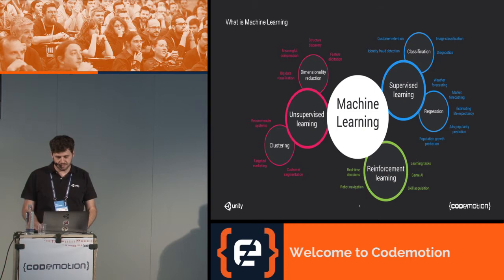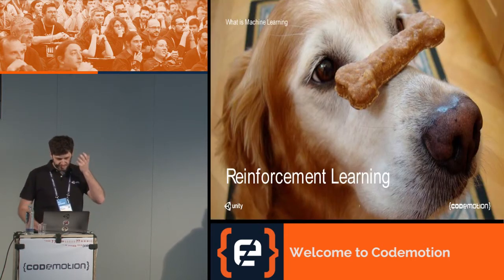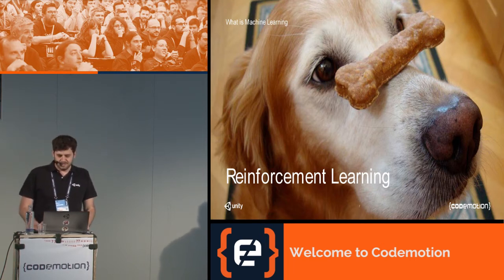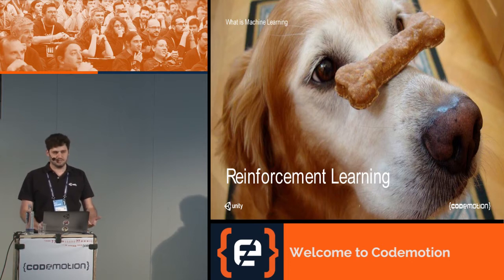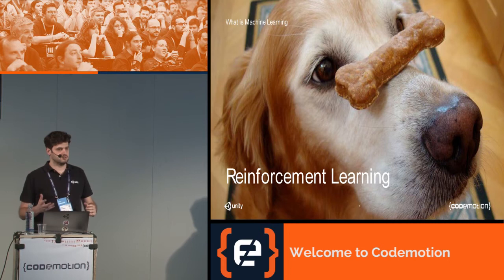It's called reinforcement learning. I guess the name is kind of self-explanatory and coupled with the image. Reinforcement learning is a method where the agents, the ones who have to learn, make observations on the environment, they take some actions, and then they discover errors or rewards.